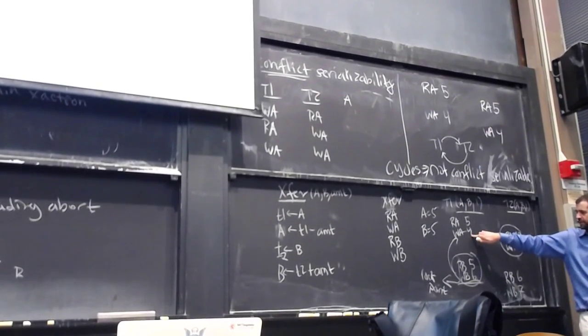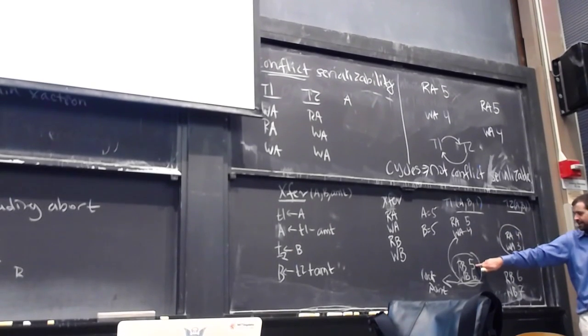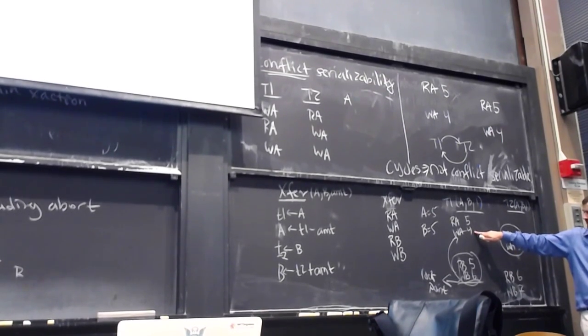And I think the intuition is what was said, which is that somebody else can come along, and my write to B might depend on this value of A that I read. So you don't want anyone else to write to A in the middle.